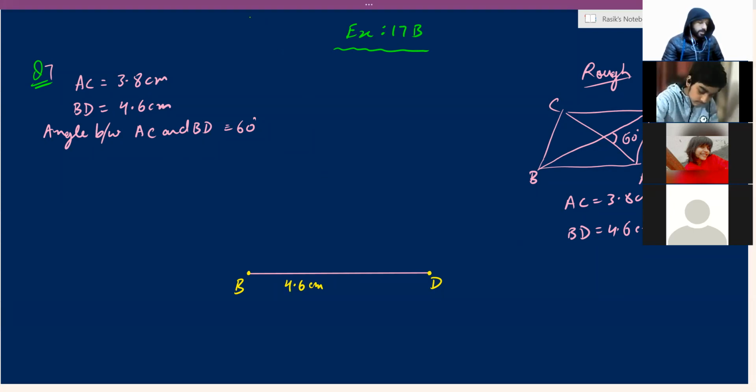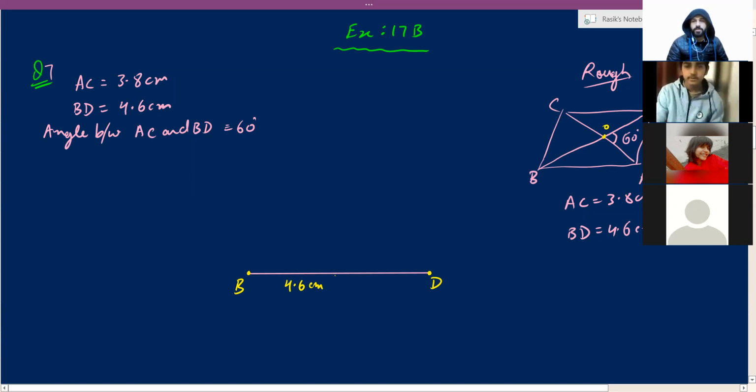Now we all know that the diagonals of a parallelogram bisect each other. Do we all know this? Yes. That means O is the midpoint of both the diagonals. So first of all, we will find the point O. O will be exactly in between BD.